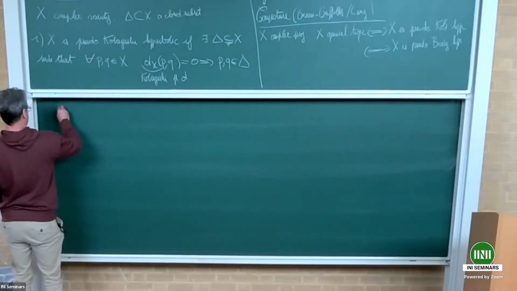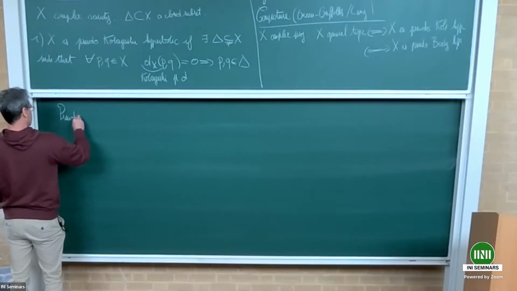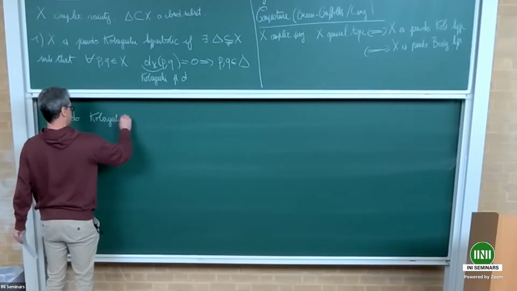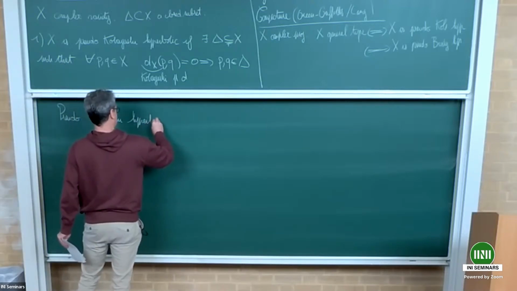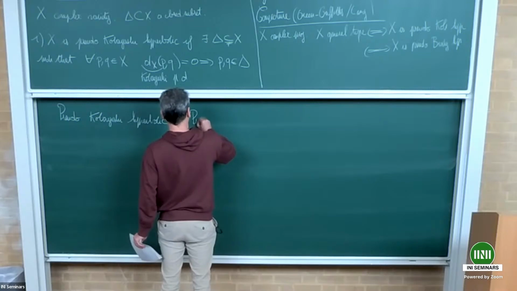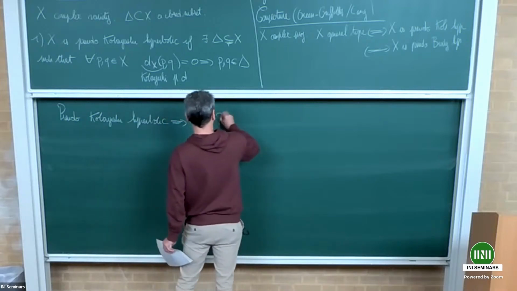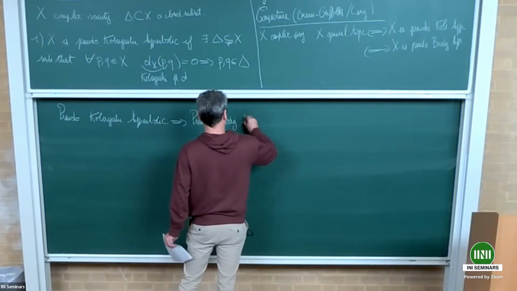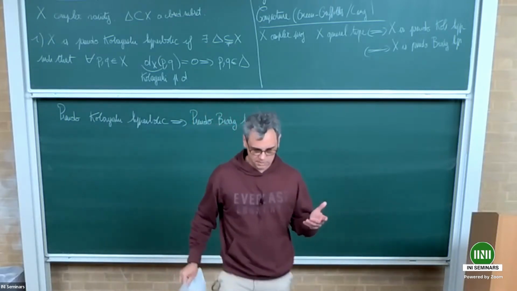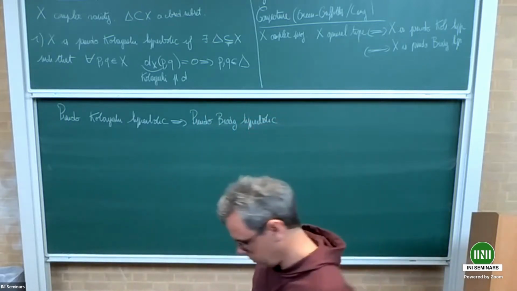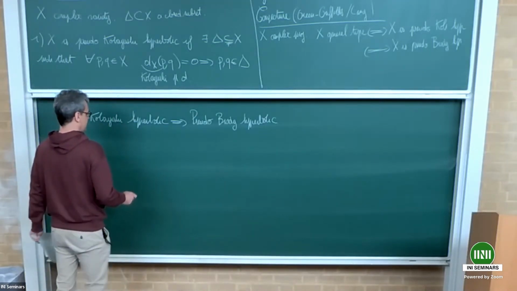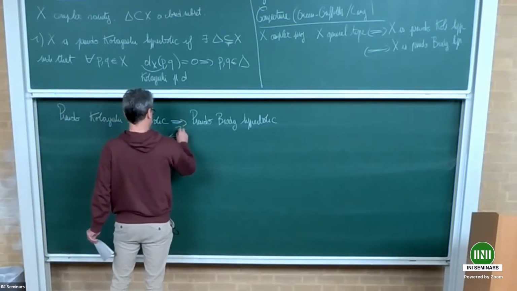If you have something which is pseudo Kobayashi hyperbolic, it is not difficult to see that it is pseudo Brody hyperbolic. And in fact, one of the main, or striking parts of the result of Yamanoi is due to the fact that the converse is not known.